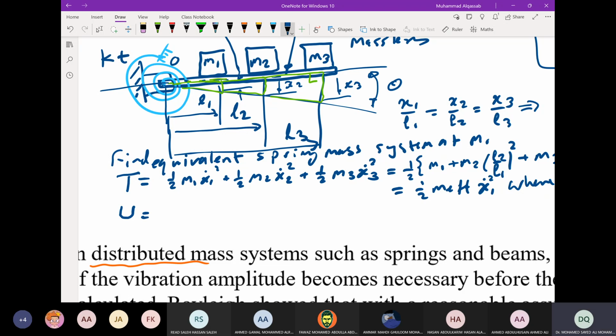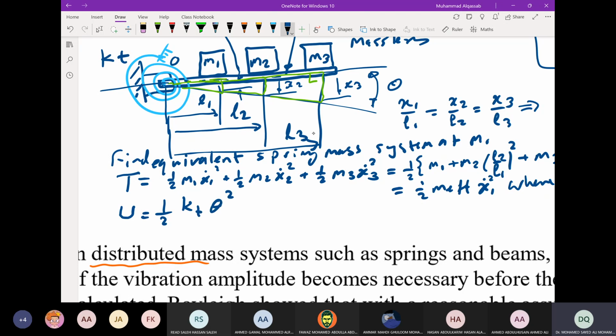Which is at equilibrium. So we know that for horizontally supported masses or objects, the weight is not part of the equation. So the potential energy is only due to the strain energy of the spring, which is the torsional spring, half kT theta squared.